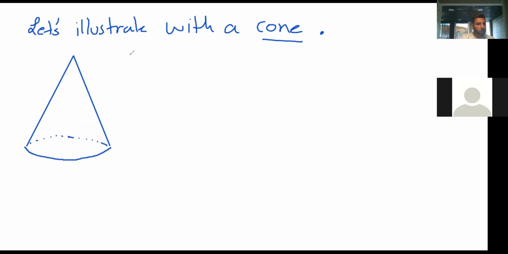So let's imagine our cone has a specific height and its base has a specific radius. Just to tidy things up, let's suppose the height is, say, 10. And let's suppose that the radius is, I don't know, say 5.